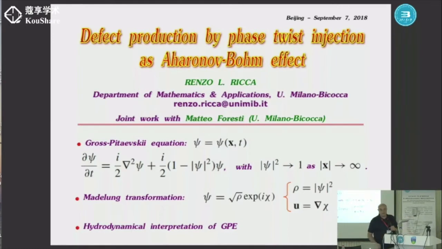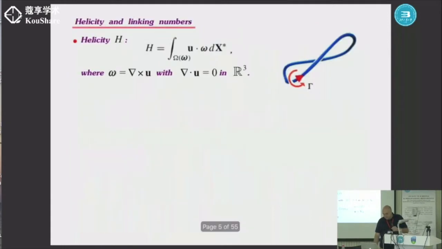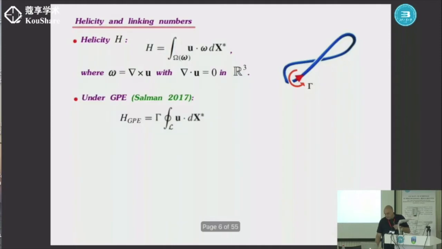I heavily rely on this hydrodynamical interpretation, but before that I need some little background. The first piece of information comes from helicity, classical helicity, which we heard about, defined as the integral of u dot the curl of u, that is u dot omega.